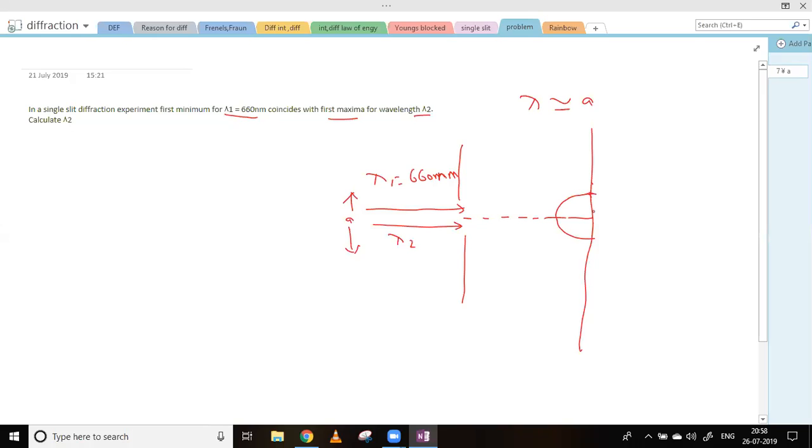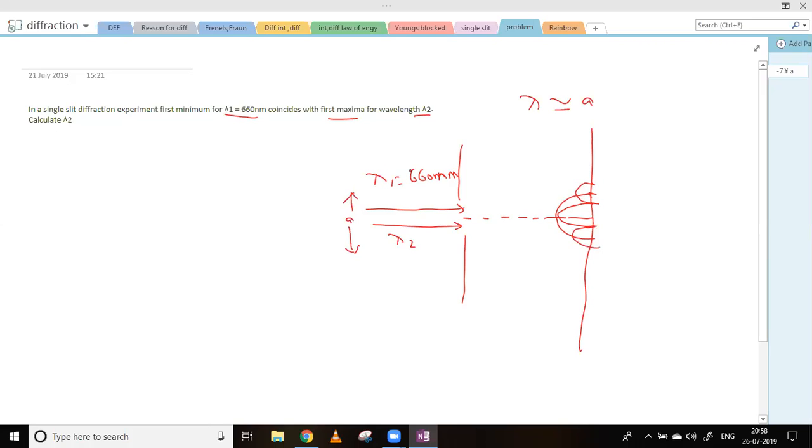That means the case will be like this. Here I will get the central maximum, then this will be my first minimum, then this will be my first maximum. Similarly here also, this will be my first minimum, this will be my first maximum.